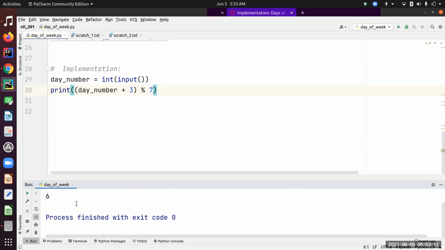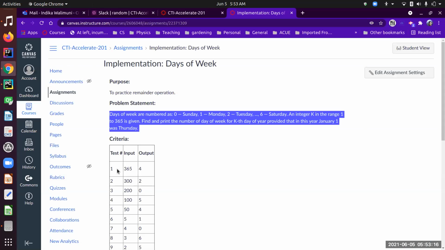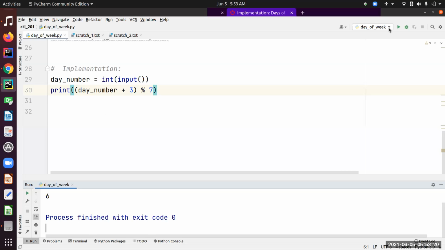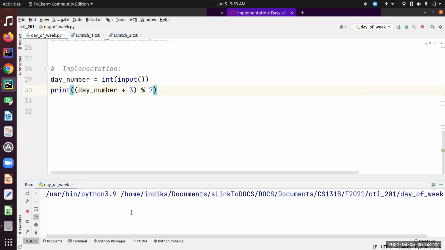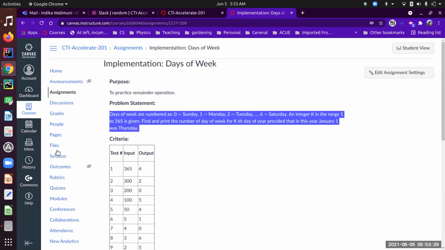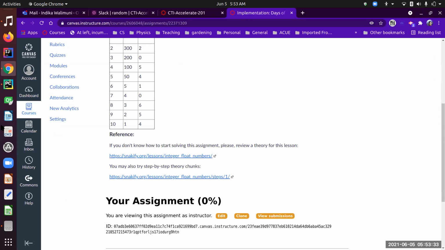I got 6. And in our first example, it's 365. Let's try that. I run it again with 365 and got 4, and that is the expectation. So there you go. Let's now try submitting this.